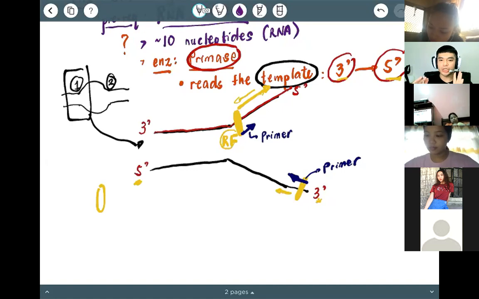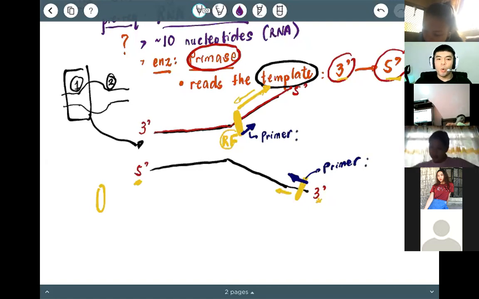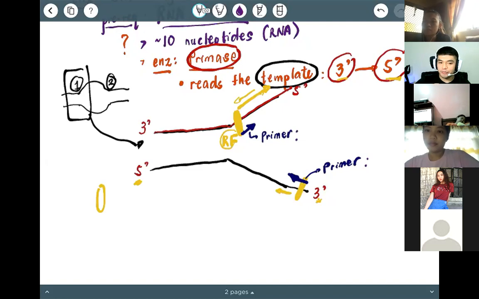Okay, so very good. I-describe natin ang primer. Question, what is the arrangement? What is the sequence of the primer? What is its direction? Is it 5' to 3' or 3' to 5' direction? Yung product mismo, yung primer.